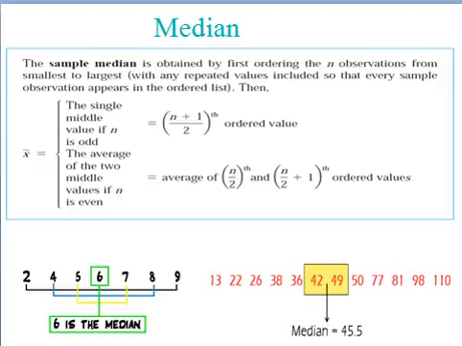And for odd, I need to do n plus 1, so n is 1 2 3 4 5 6 7, plus 1 is 8, 8 divided by 2, the fourth ordered value. So 1 2 3 4, here the fourth ordered value is 6, so 6 is the median here. That's how we calculate the sample median.